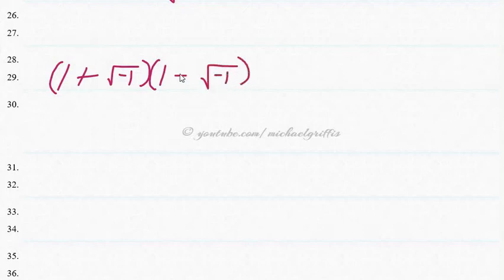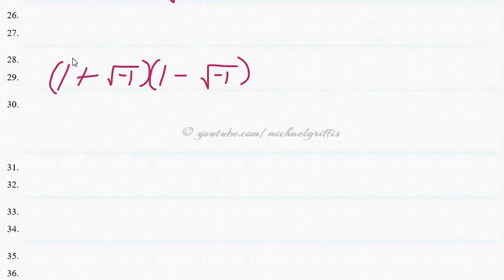Tricks. Okay, 1 plus the square root of negative 1 times 1 minus the square root of negative 1.